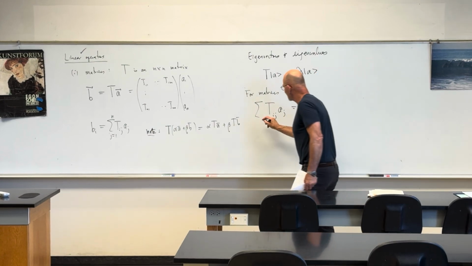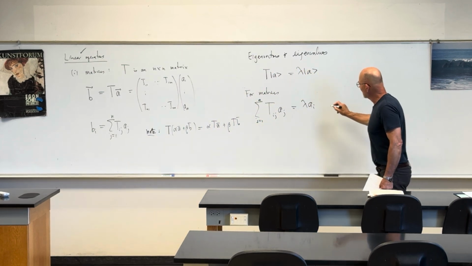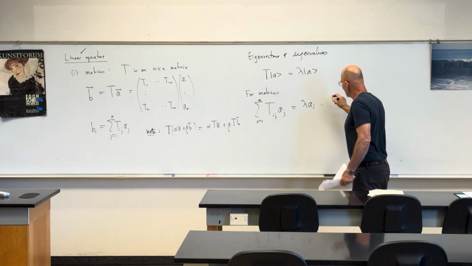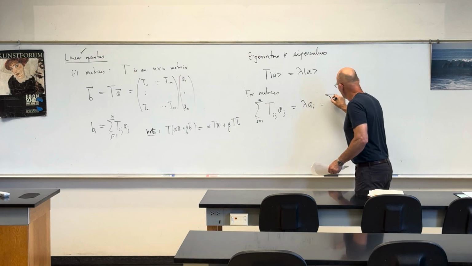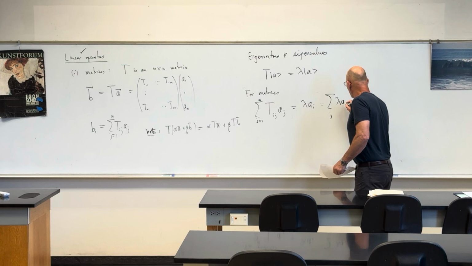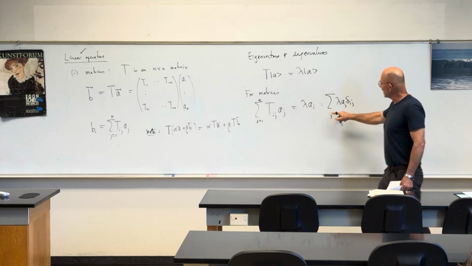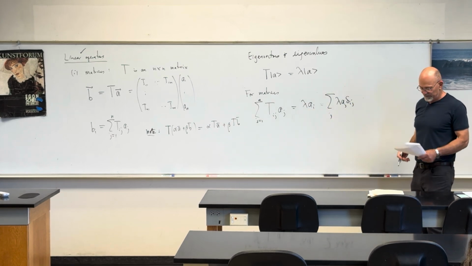The way to turn both sides into a summation is to say that's going to be lambda outside the sum over j of A_j delta_ij, and that picks off this one here, but now we can have them both under a sum.